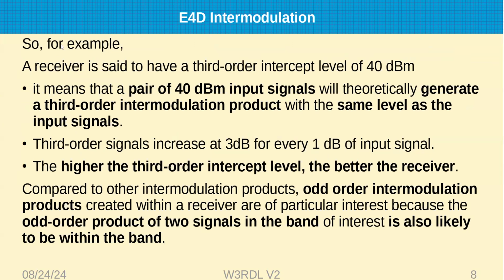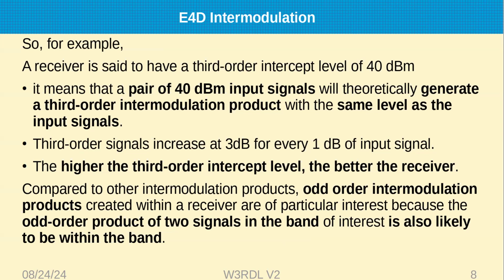So we say that the third order intercept, in this case, say it's 40 dBm, means that if you have two signals that are 40 dBm, you're going to get a third order intermodulation product, a third signal, at the same level as the input signals.